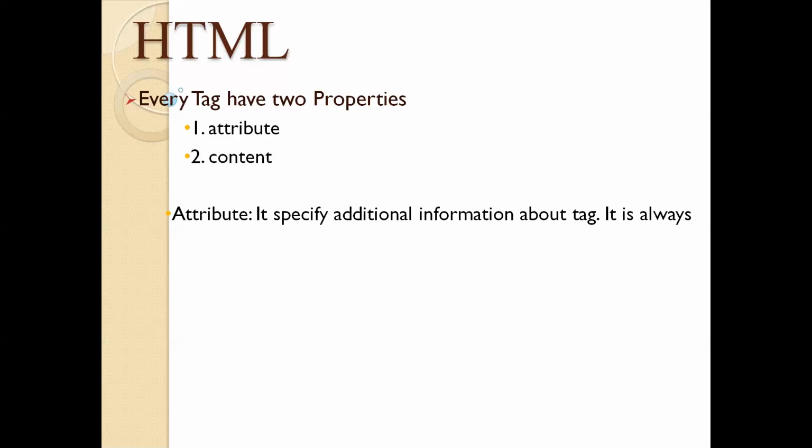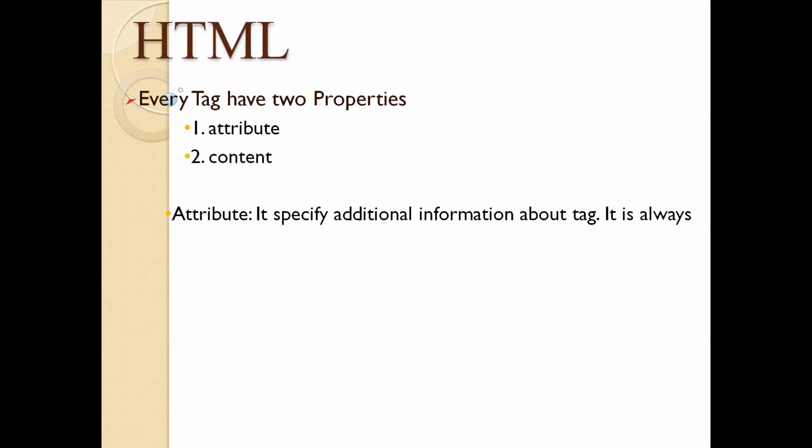This attribute specifies additional information about the tag. For example, I want to import an image in our web page. If I want to import an image, I have to use the img tag, which is used to insert an image into our web page.